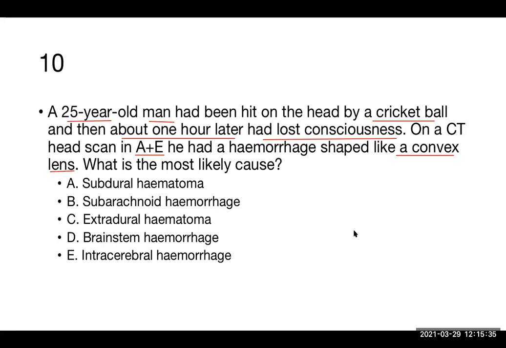Because the hemorrhage shape is convex, and that is a typical finding in extradural hematoma, sir. Very good. This is a very specific question. The typical shape seen on CT scan, a convex lens shape like bleeding, occurs in extradural hemorrhage.